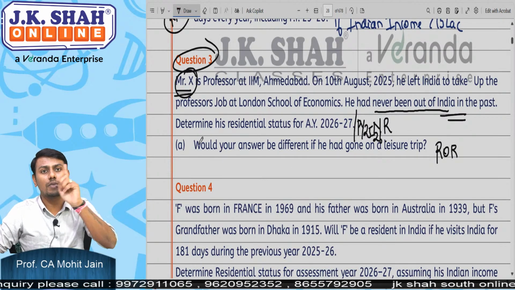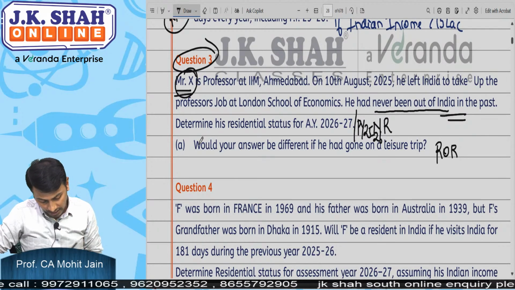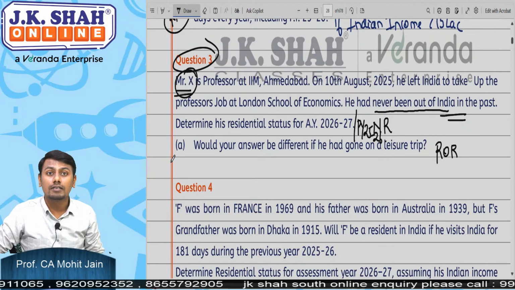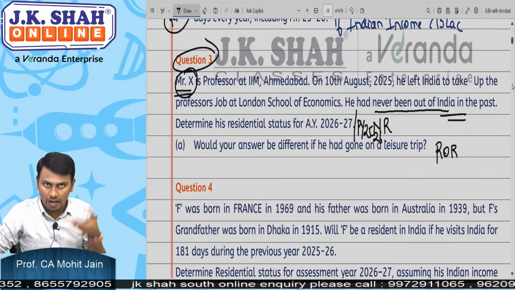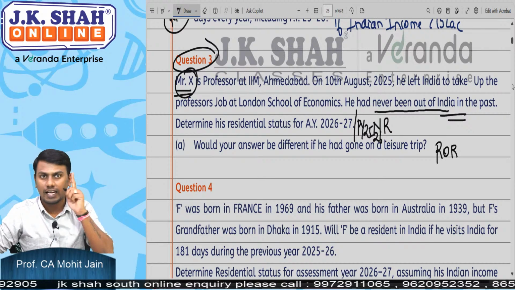Which exception? Number 1, number 2 or number 3? Number 1, because he is a what? Where have they told he is an Indian citizen? By default, he has never been outside India in the past. Means he was born in India only, no? If he is born in India, he is an Indian citizen. So he is an Indian citizen.